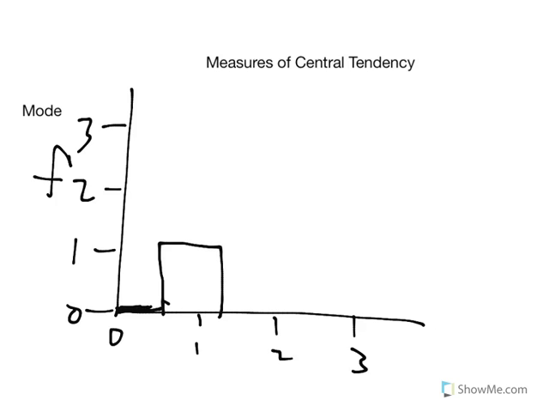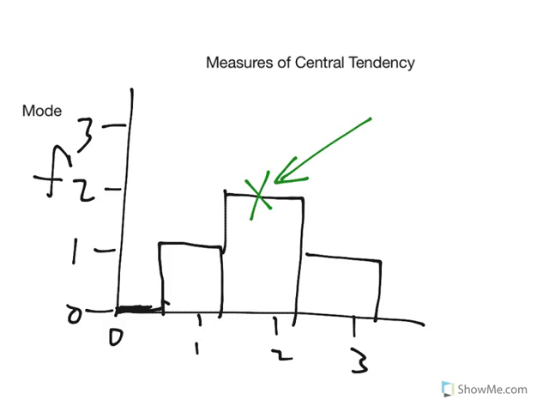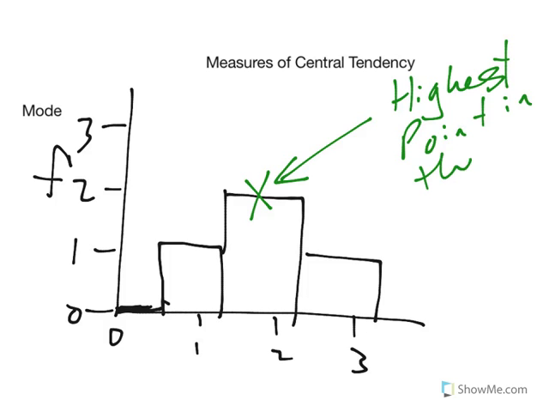So let's say one person gets a 1, 2 people get a 2, one person gets a 3, right? The peak of the distribution, the highest point in the frequency distribution, is the mode.